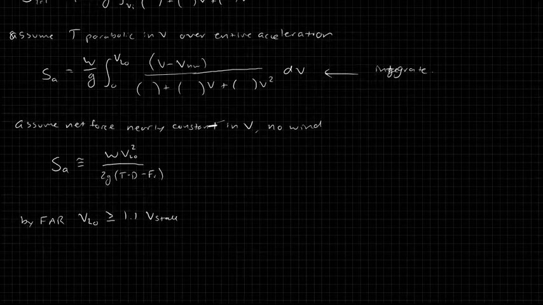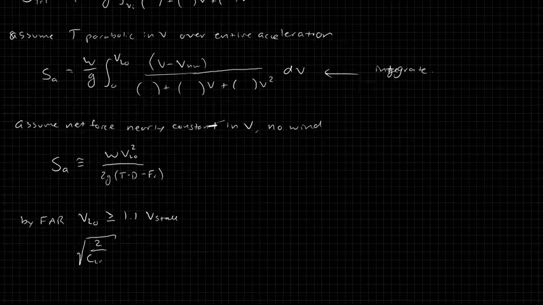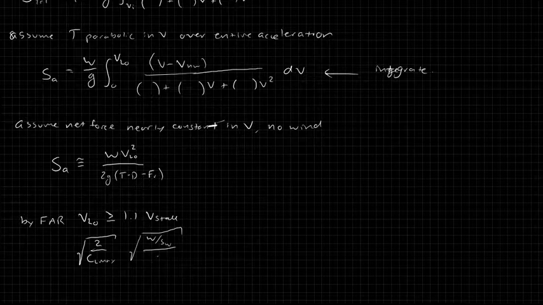And if you'll recall, V stall is the square root of 2 over C_L max times the square root of W over S_W divided by rho. Okay, so in that case, V liftoff is going to be 1.1 times all that.